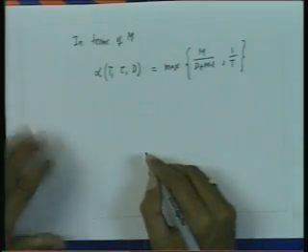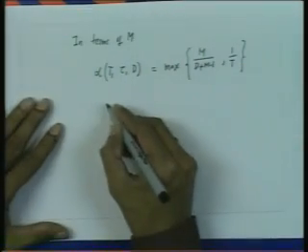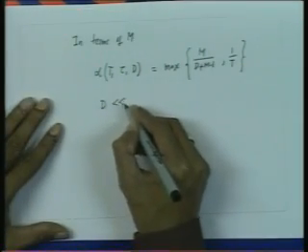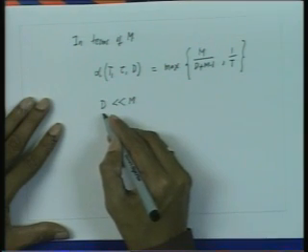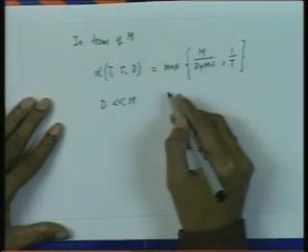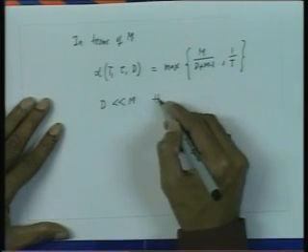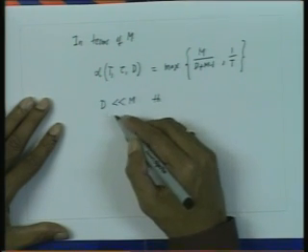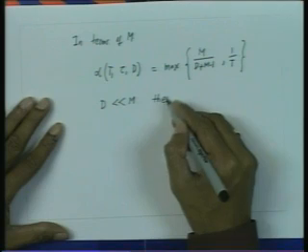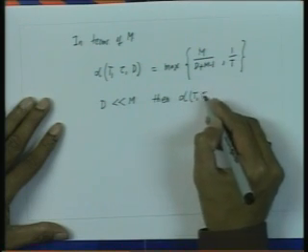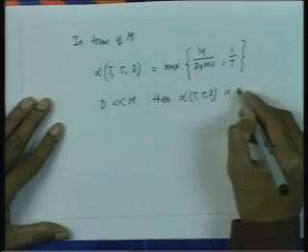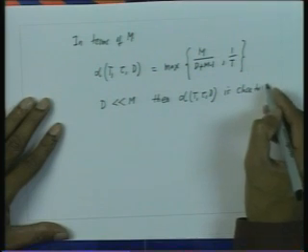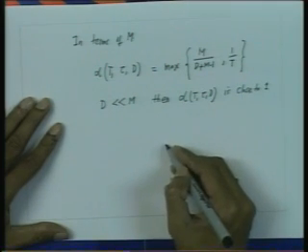So if D is very large compared to M, that means our delay requirement is relaxed. If the delay requirement is stringent because D is much less, then alpha T, tau, D is close to 1.